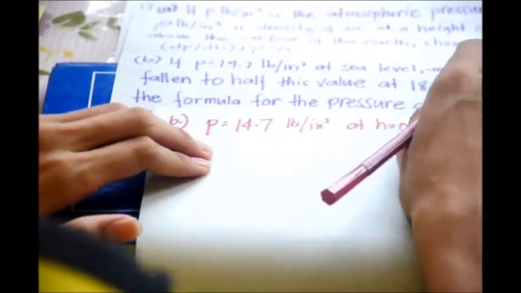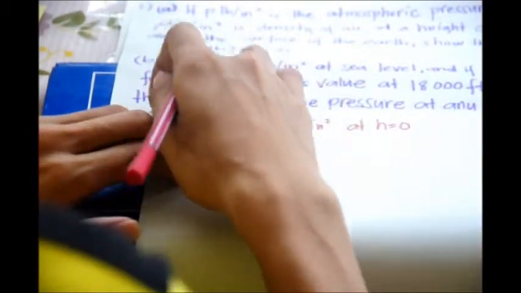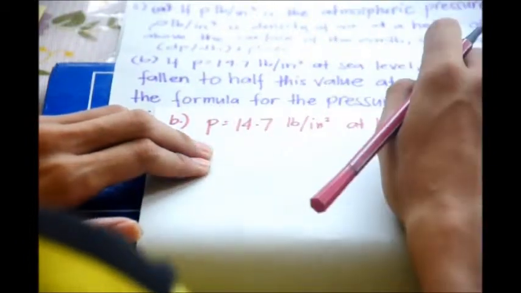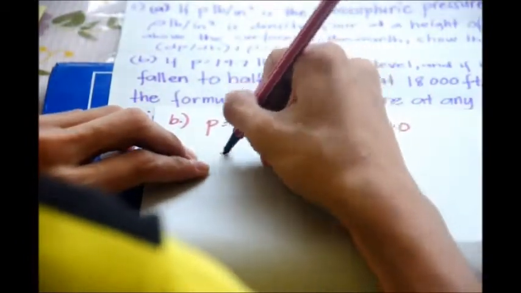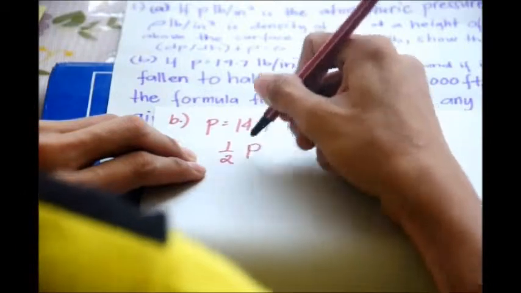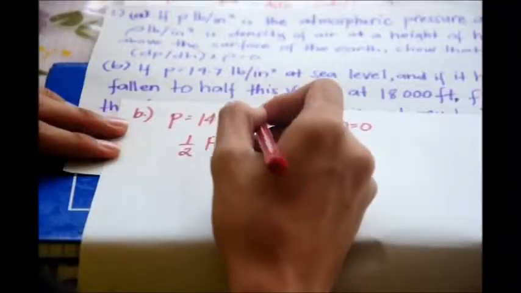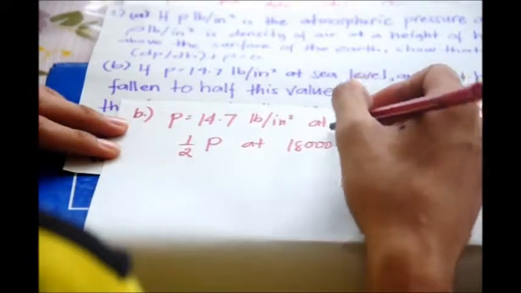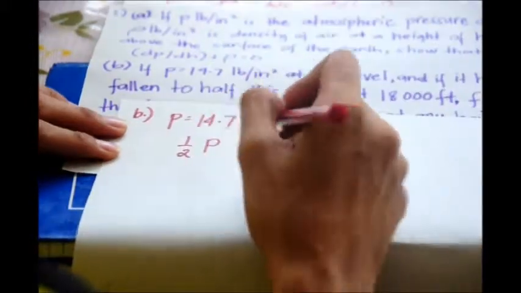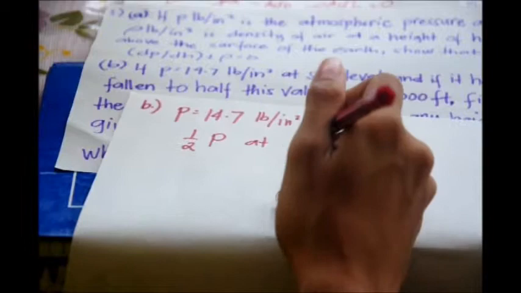It said that it has fallen to half this value at 18,000 feet. So P0 is 14.7 pounds per inch squared at h equals 0, and 1/2 P0 at 18,000 feet.